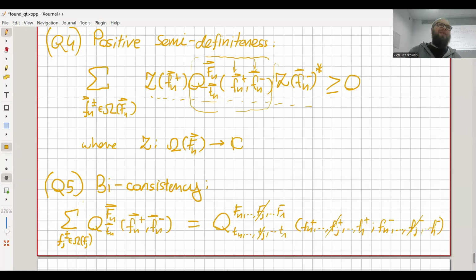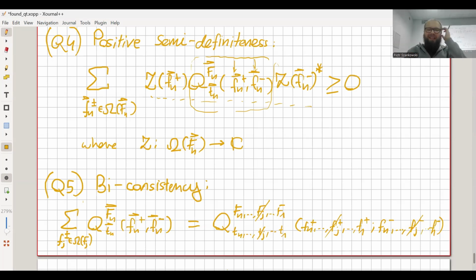So this is, of course, the most straightforward generalization of Kolmogorov consistency of classical probabilities, right? You have theories with a trajectory picture. Then you have the Kolmogorov consistency: you marginalize over a point in time, you get a probability for a shorter sequence.